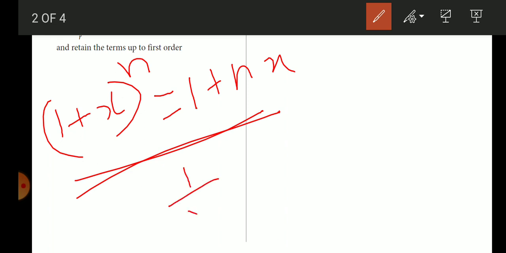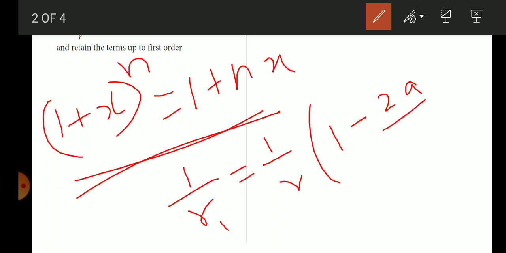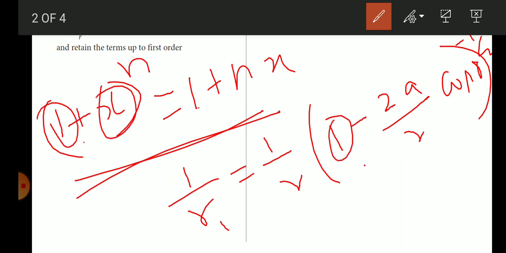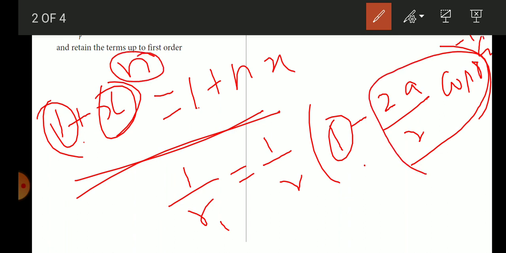1 by r1 is equal to 1 by r, 1 minus 2a by r cos theta whole power minus 1 by 2. Compare these two equations. See, 1 is there, 1 is there. Instead of x, the value we have is 2a by r cos theta. Instead of n, the value is minus 1 by 2.